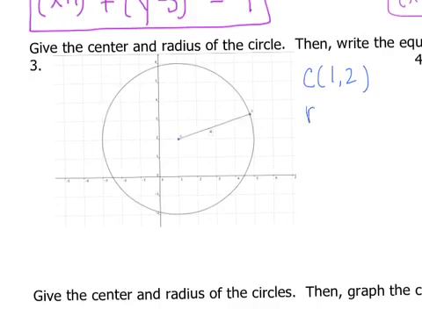And then the radius is what? 4. So then from that, you have the information. You can plug those values into your standard equation to write the equation of this circle.